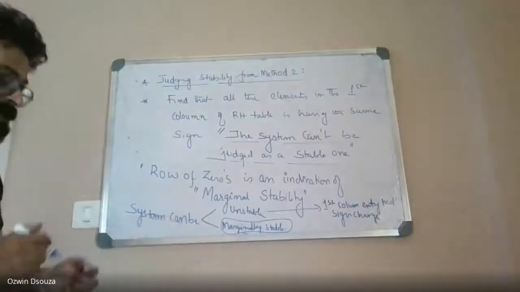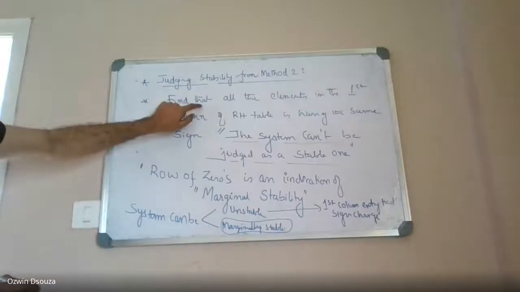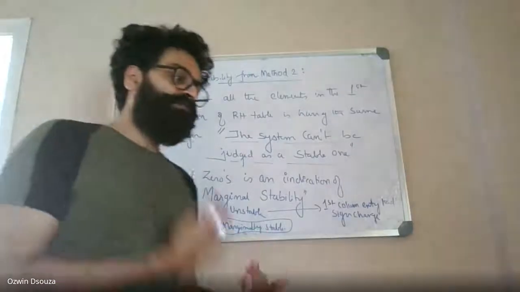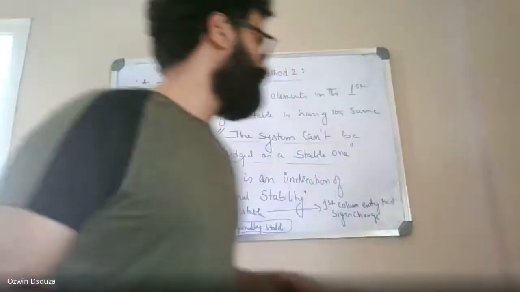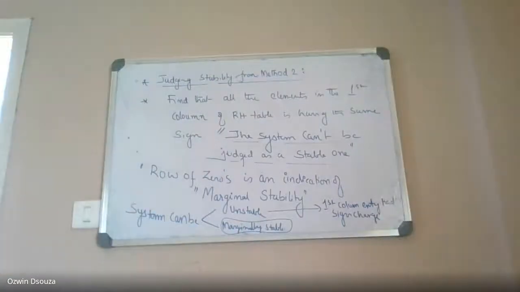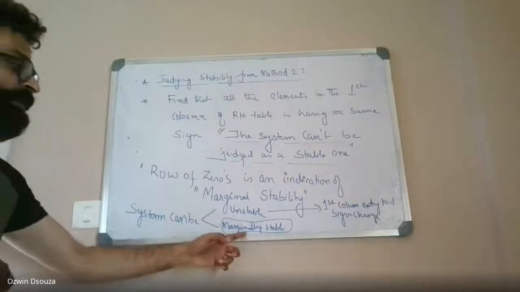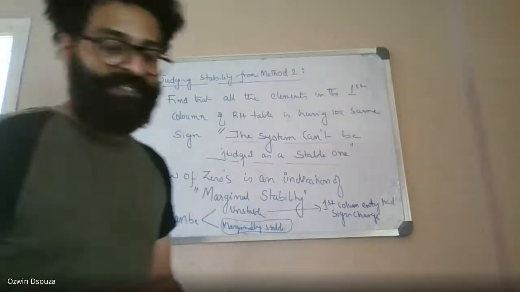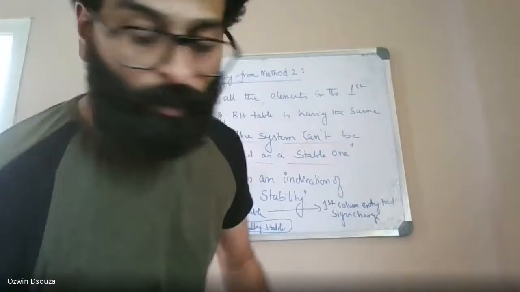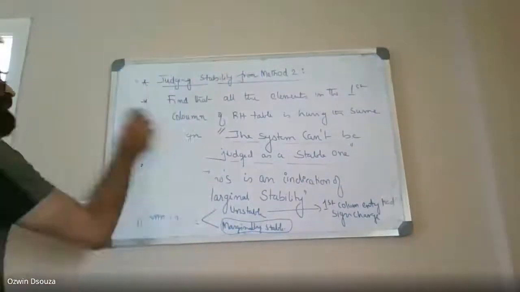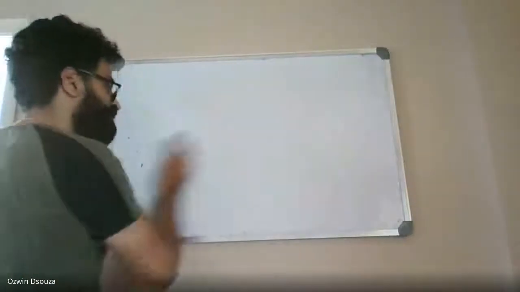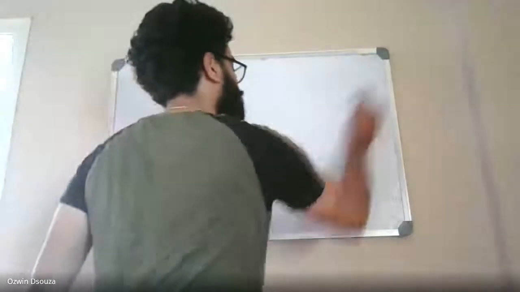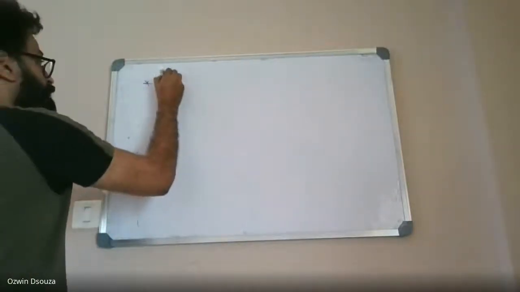Marginal stability comes into the picture when, after getting a row of zeros, your first column entries have the same sign. Then you cannot judge the system as a stable one. The system could be marginally stable or unstable, that we don't know. So that is what we are supposed to find. So next subheading, you can take it as judging the marginal stability of a system.